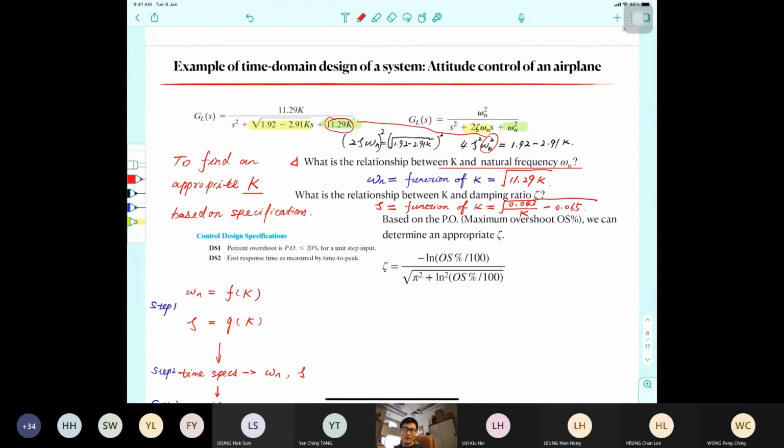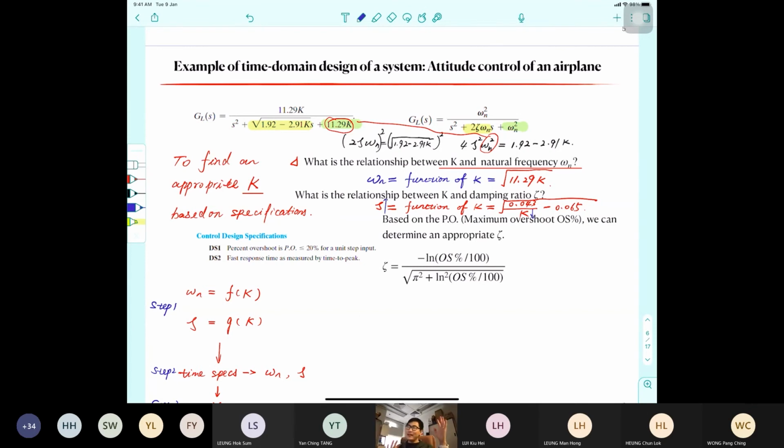Is it possible? Not possible. Smaller, right? So we have a relationship between zeta and k. If we want zeta to become larger, k should be smaller, right?